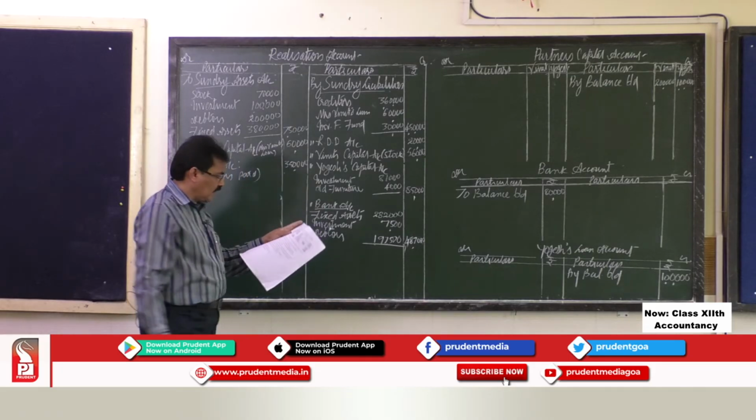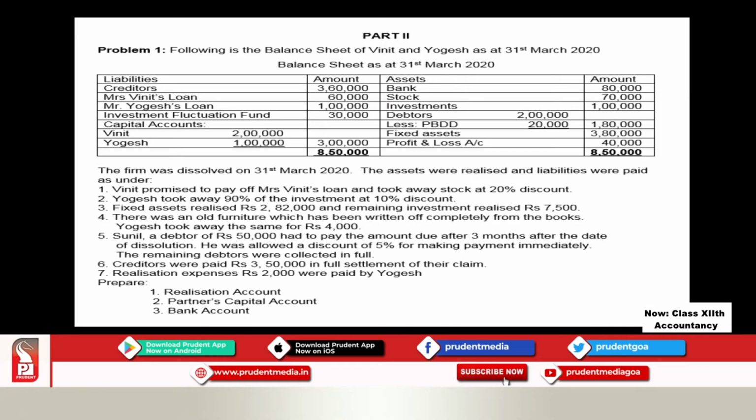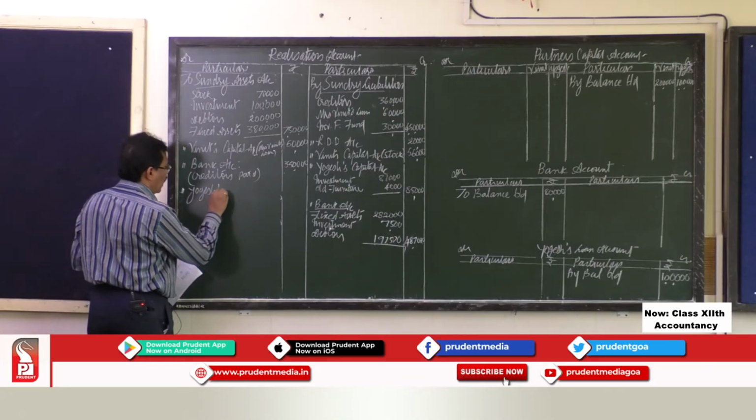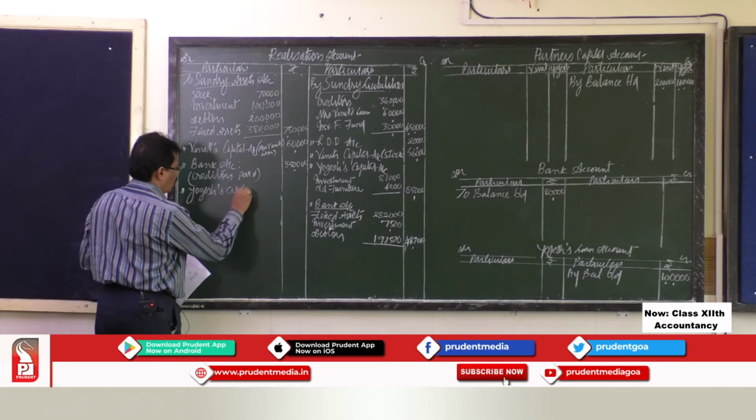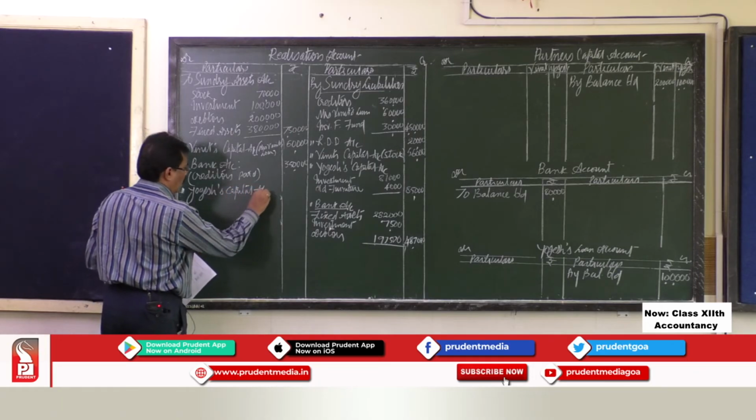Now, the last adjustment is realization expenses rupees 2,000 were paid by Yogesh. Realization expenses actually the firm has to pay, but now here Yogesh is paying that. So, once he pays, you have to debit his account, to Yogesh capital account.